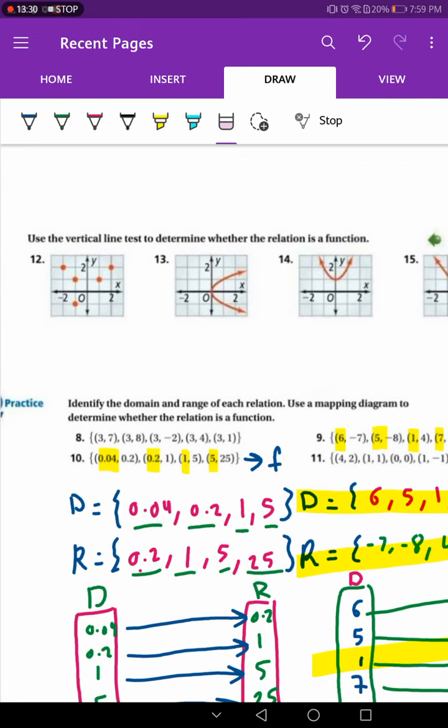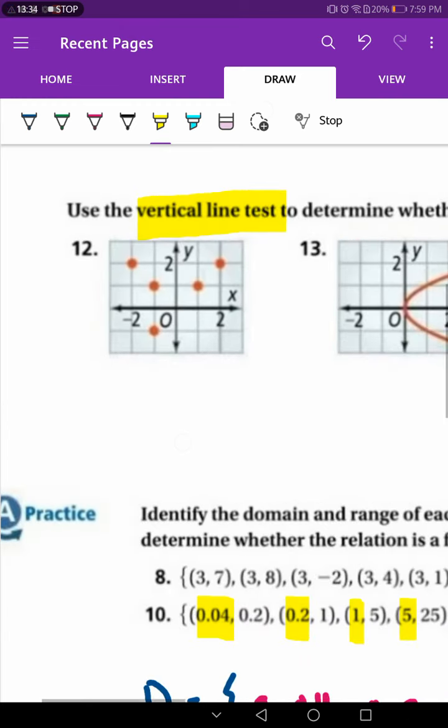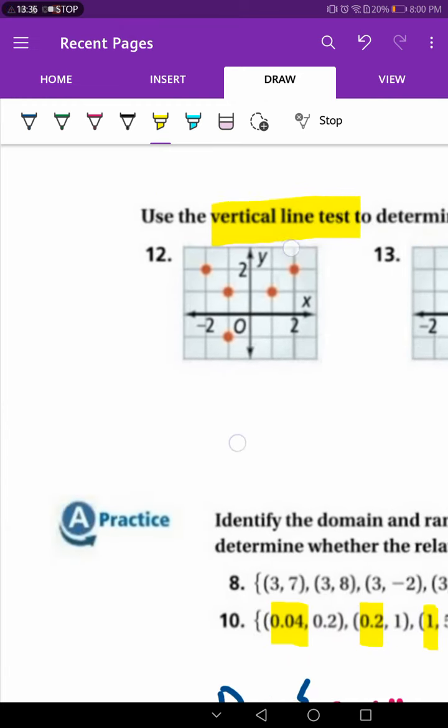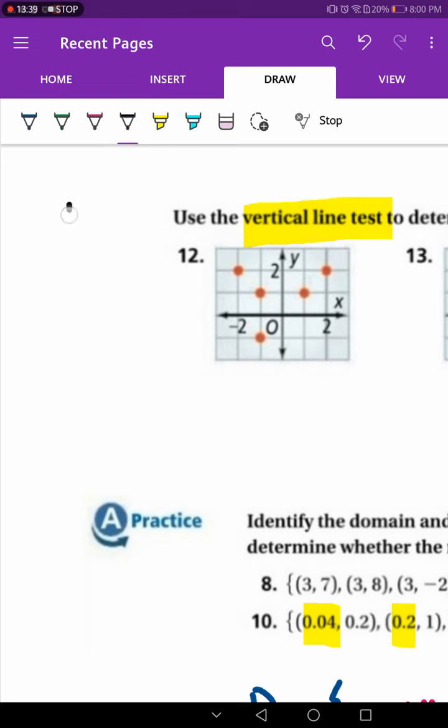Use the vertical line test. Vertical line test, this is my vertical line test, my dear student. Let me draw it correctly. This is the vertical line test.